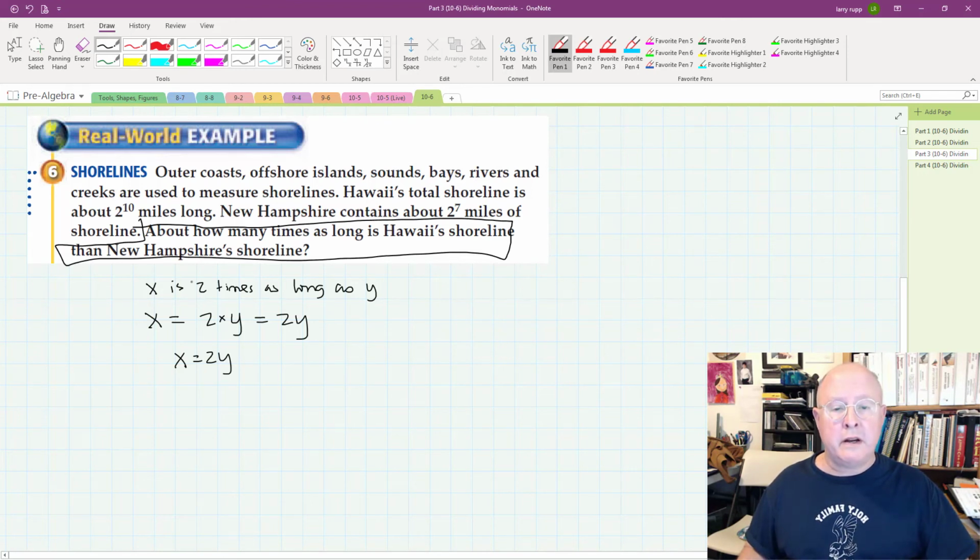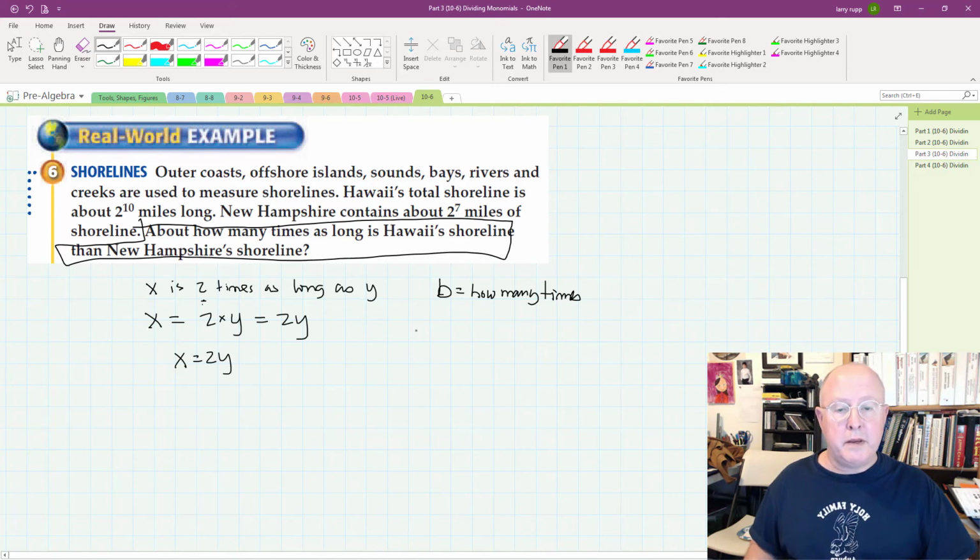About how many times as long? How many times? Well, here we said it was 2 times. Right now, though, it says how many. That sounds like an unknown, okay? So over here, we're going to let b equal how many times. All right? As long is Hawaii's shoreline, okay?